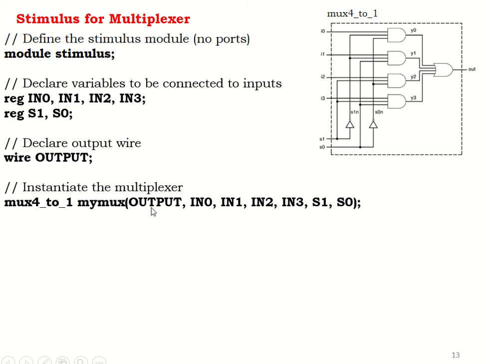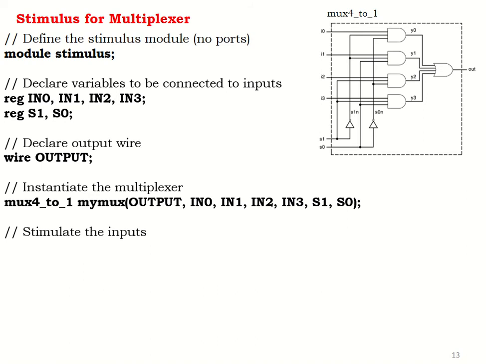Within the brackets, I need to write it the way I wrote the declaration of the design block module definition, replacing those outputs and inputs by these wires and registers. In the previous video, I took it as out, IN0, IN1, IN2, IN3, and then S1 and S0. So in place of those, in the same order, I need to specify these wires and registers.